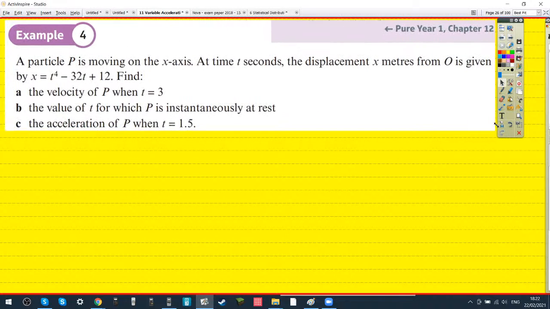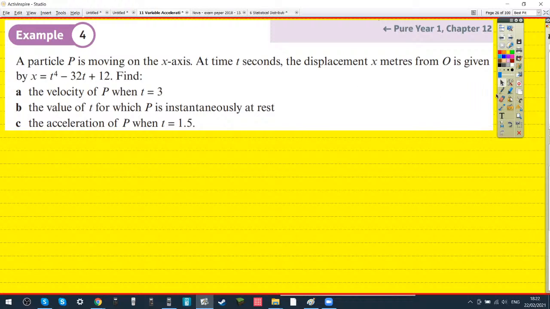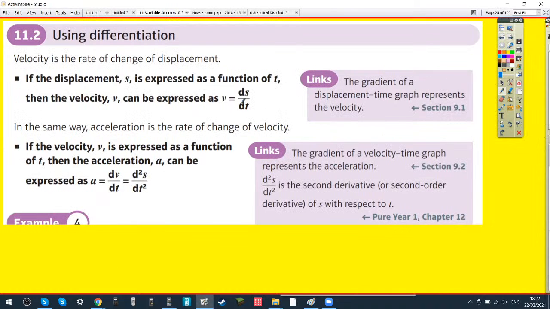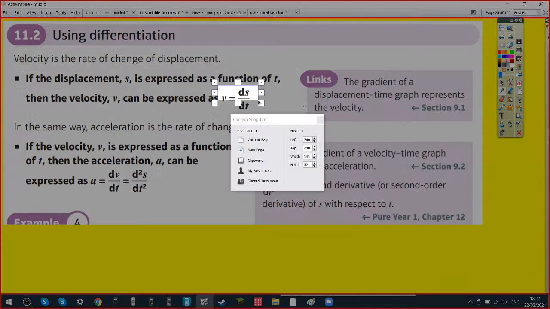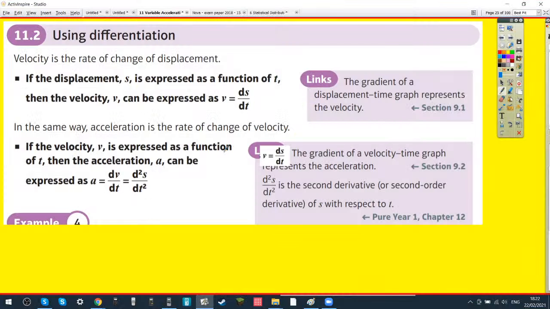So velocity is ds by dt, the derivative of displacement.